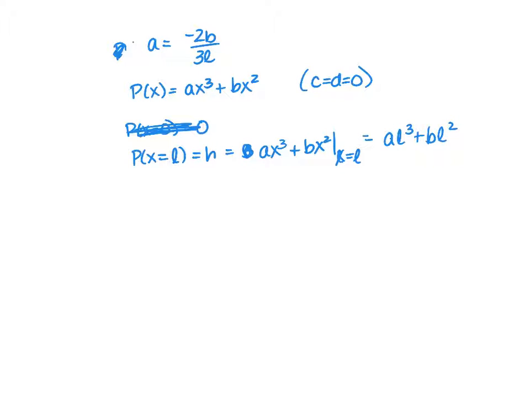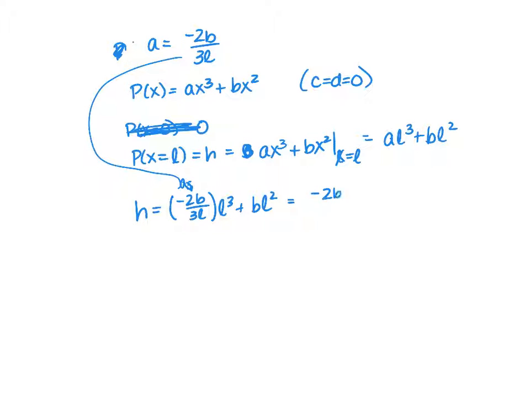But I can substitute in for a, so I'm going to have h is equal to minus 2b over 3L, because that's what my a was from up here, times L cubed plus bL squared. And what that's going to do, I'm going to be able to combine that.